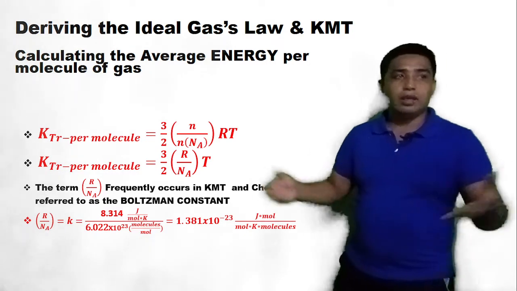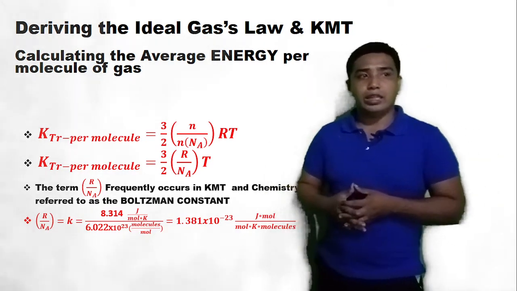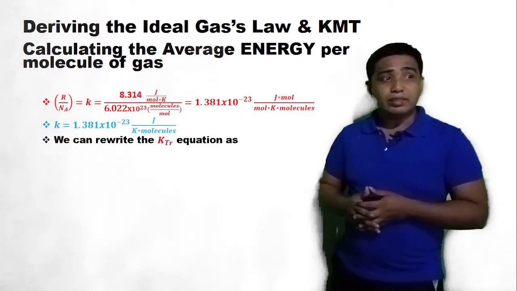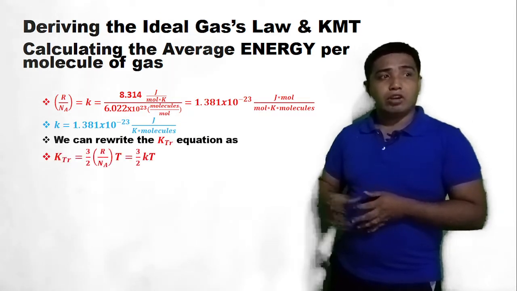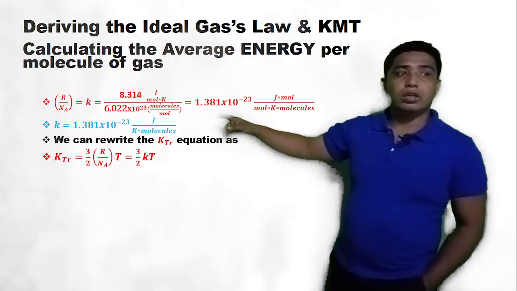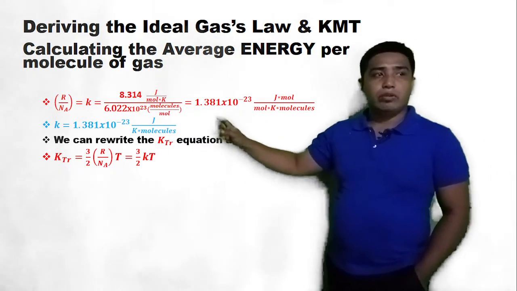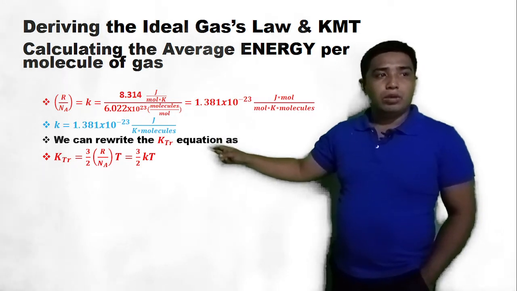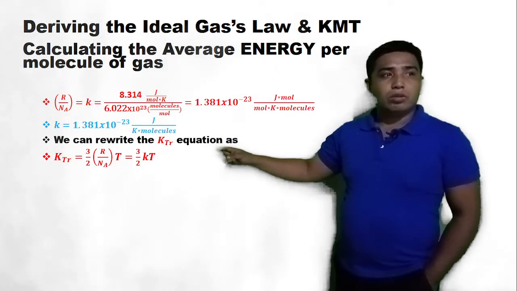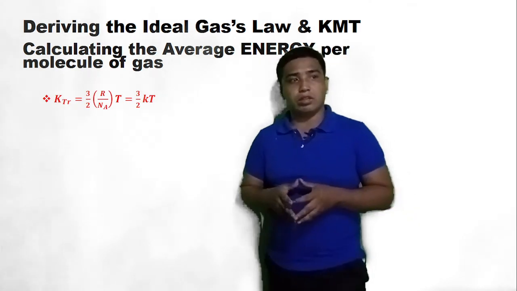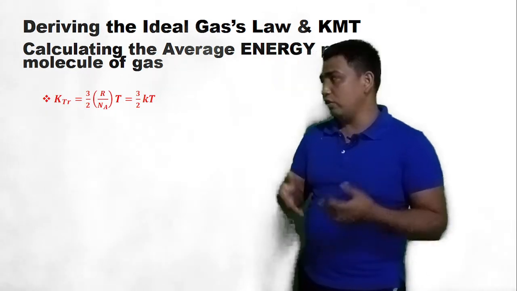So we can rewrite the formula for the KTR as 3 over 2 kT. Alright, so there we go. And since we know the Boltzmann constant, we can rewrite the equation as I've told you.